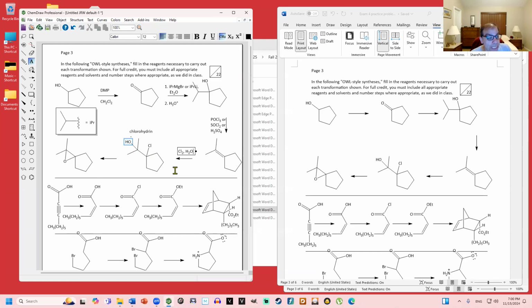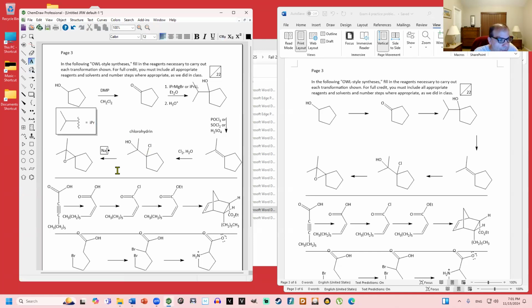And then also in organic 1, in chapter 18 especially, but also in chapter 8, we pointed out that you can take a halohydrin and make an epoxide out of it by treating it with a base. And the mechanism is that the base pulls off the proton from the OH group to give you O-, and then the O- attacks the carbon that bears the halogen and does an SN2 reaction and expels the halide.